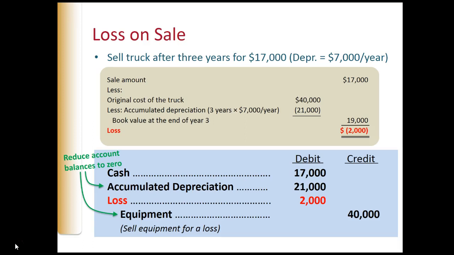As you see here, the accumulated depreciation and the equipment accounts must be reduced to 0. The cash is a debit of $17,000. But to make this transaction balance, we would have a loss, a debit of $2,000.